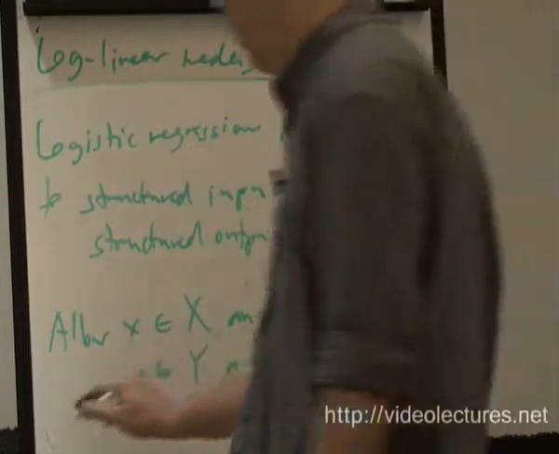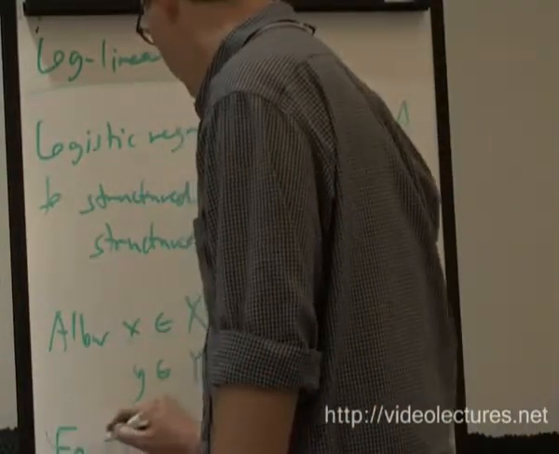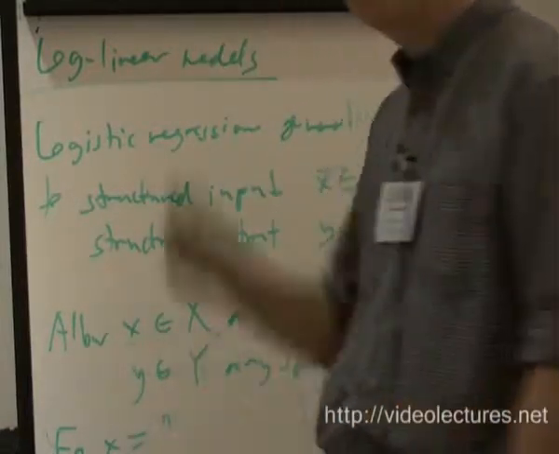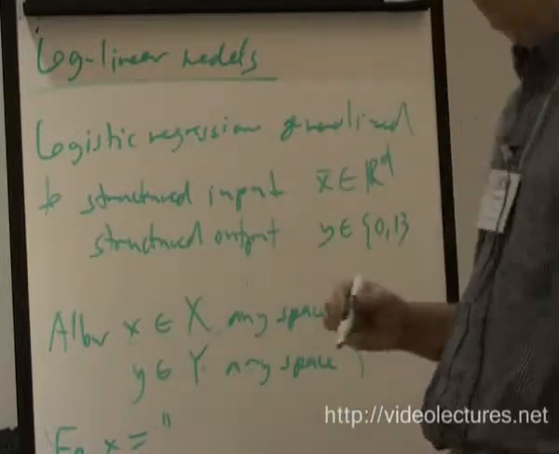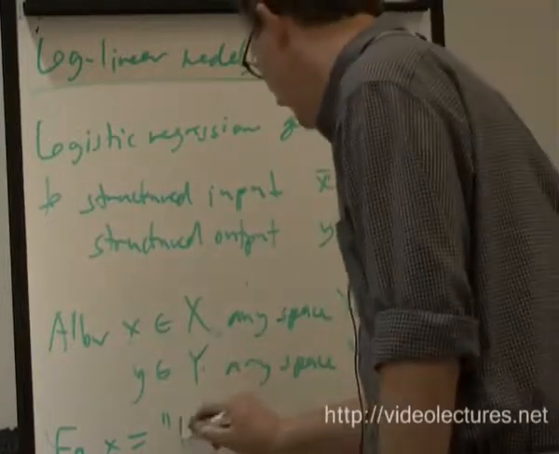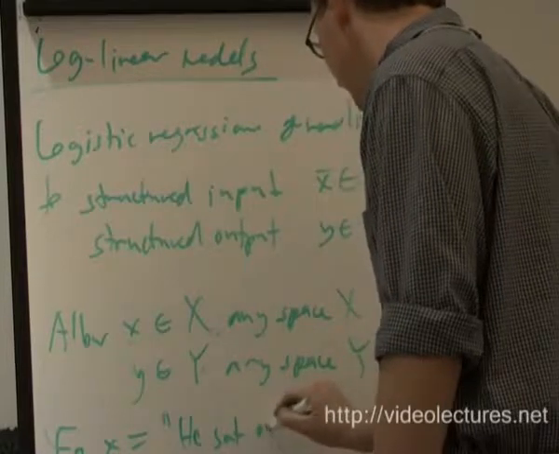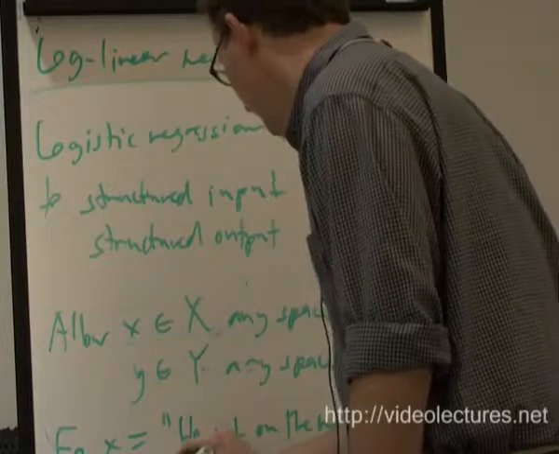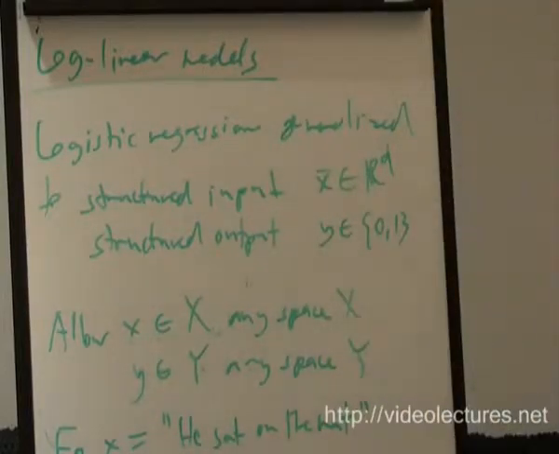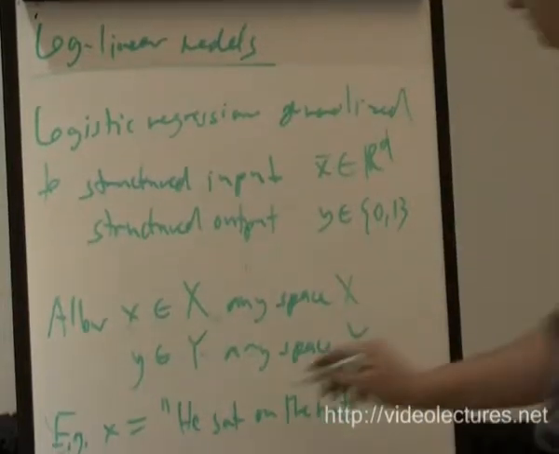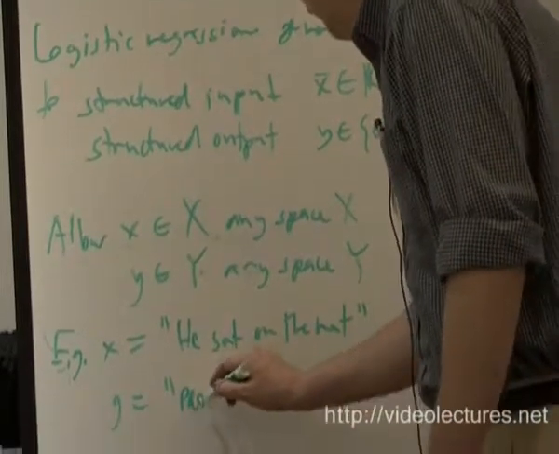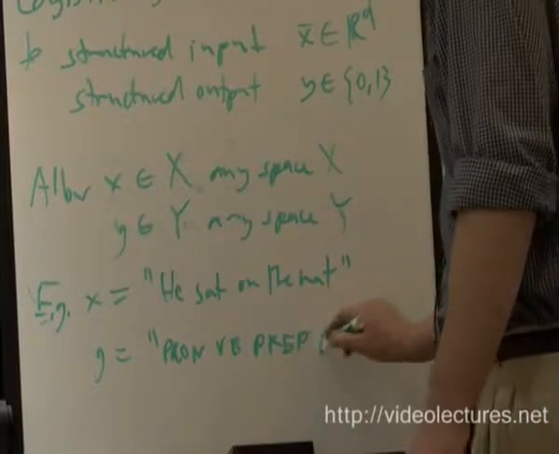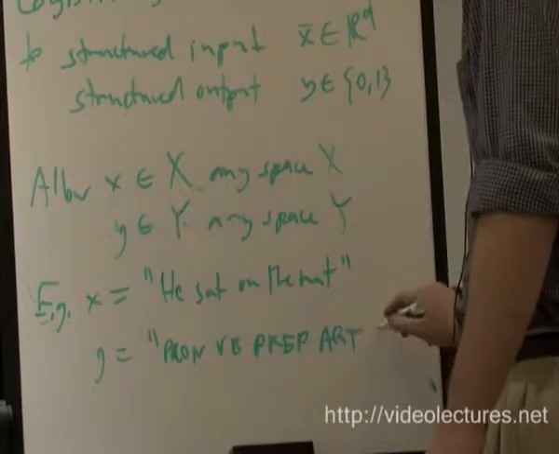For example, x could be a sentence like "he sat on the mat," and y would be maybe a list of parts of speech: pronoun, verb, preposition, article, and noun.